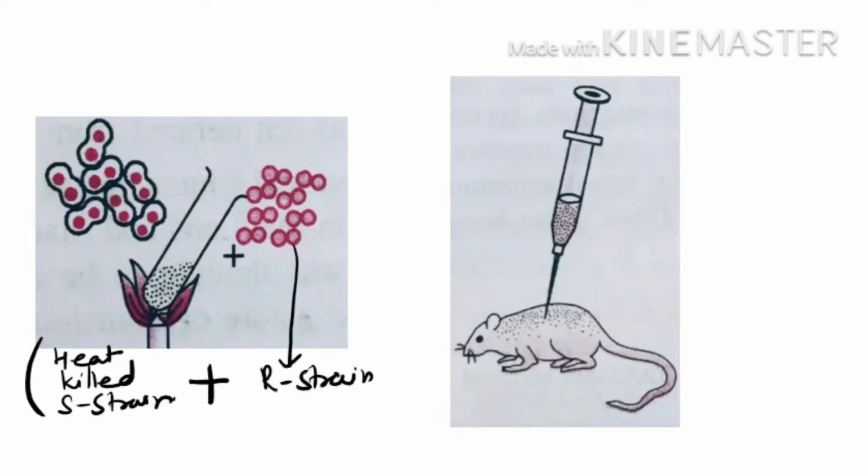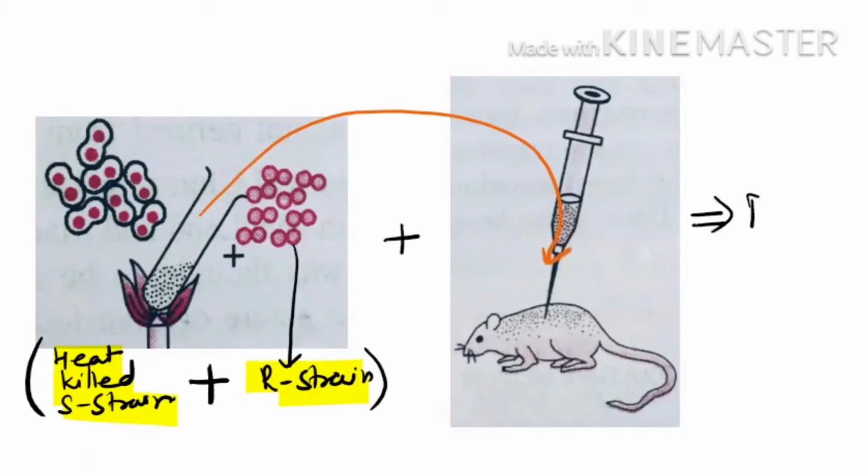This is very important. The combination of heat-killed S and R strain was taken and injected into the mice, and to his surprise, the mice died.